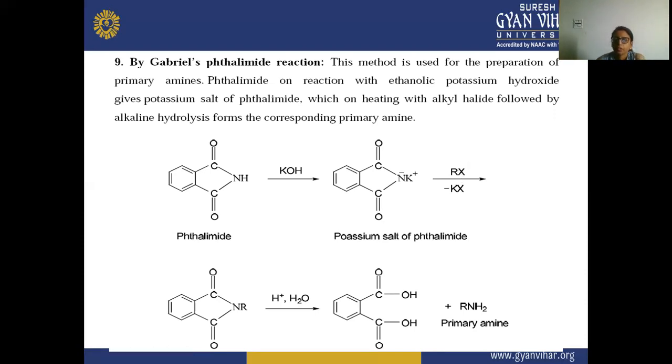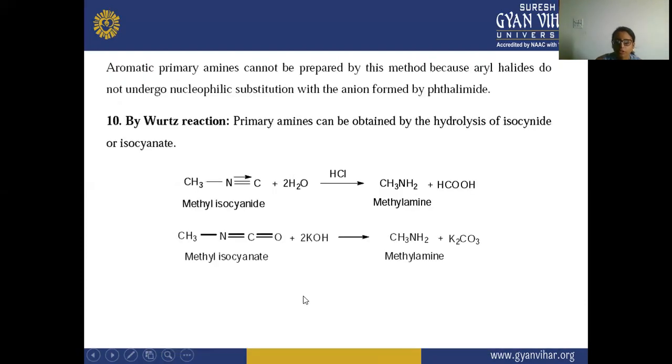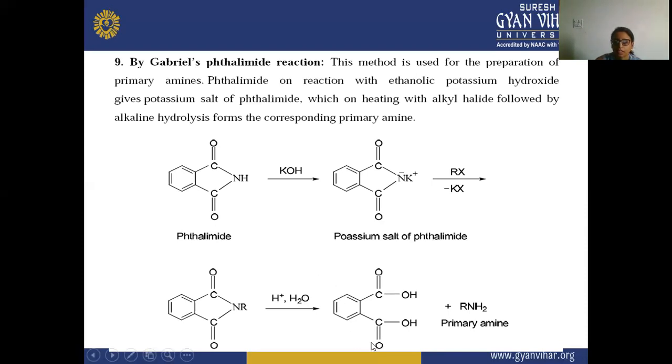After that an intermediate is formed, which is then treated with acid plus water. There is a formation of a carboxylic compound, where OH reacts with the carbonyl carbon, so a carboxylic acid is formed, and thus the primary amine is formed.